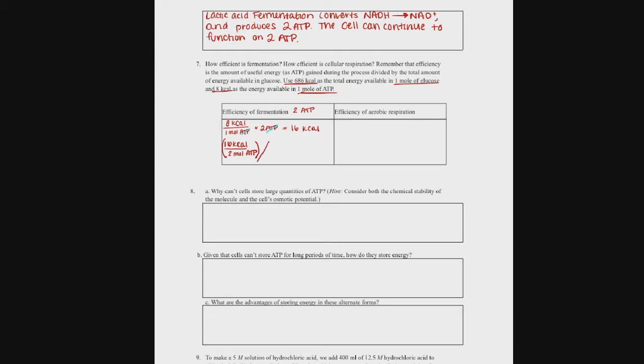And this is divided by 686 kcal per mole of glucose. And this brings us to around 2.3%.